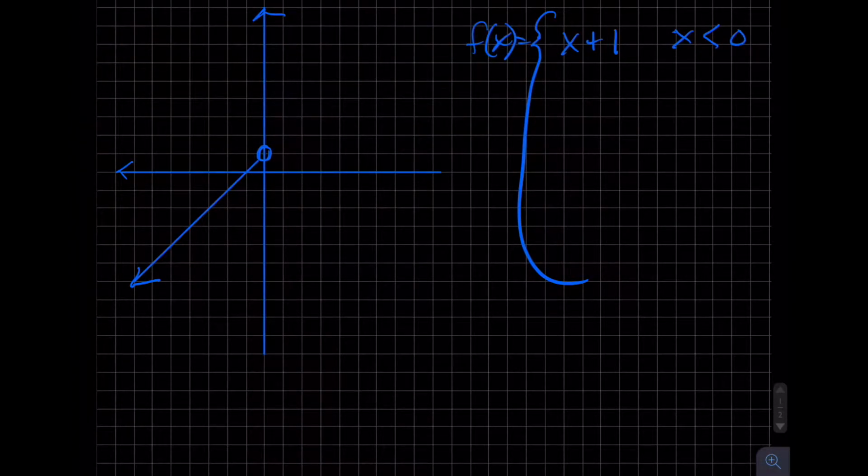Let's say negative x minus 3 for those values greater than 3. And so negative x minus 3 looks like this. There's a point here. It has a negative slope of 1. So it looks something like this, but it only goes for x greater than 3. So I have an open circle here, and not these points up there.